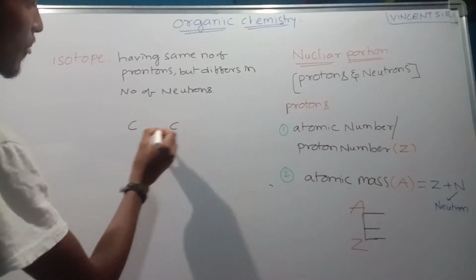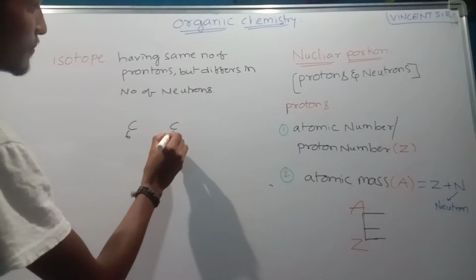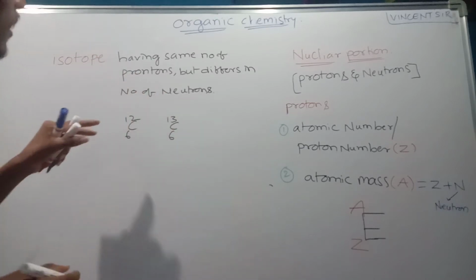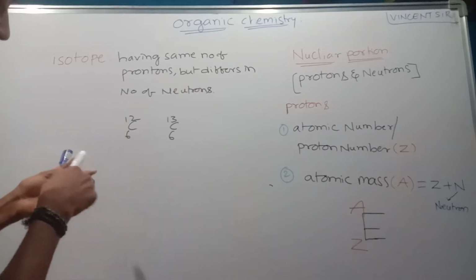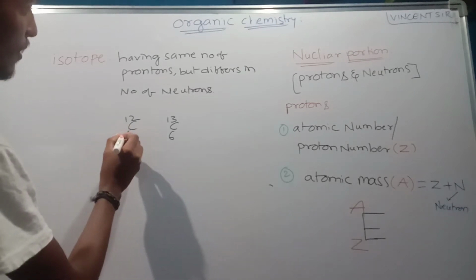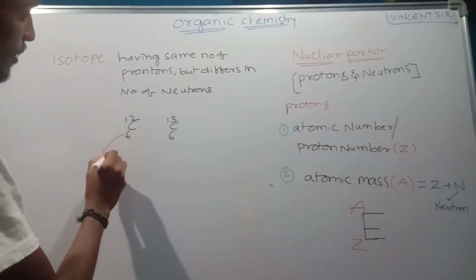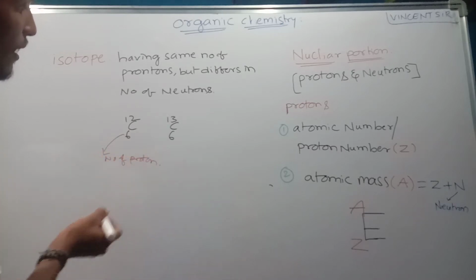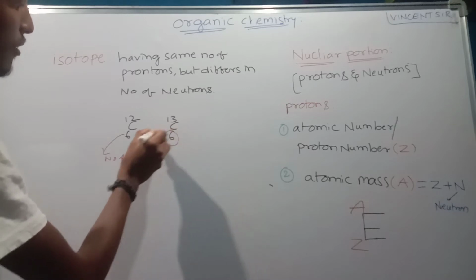The isotopes can be represented like this. This is the number of protons, and this is also the number of protons.